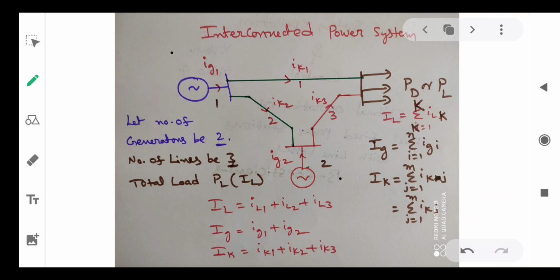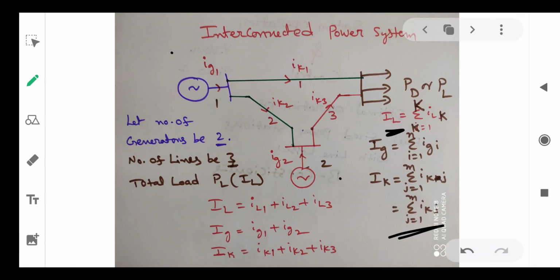So IK is equal to the summation of all the currents, the total current through the transmission lines. IL is the total load current, and Ig1 plus Ig2 are the generator currents. So Ig equals Ig1 plus Ig2, Ik equals Ik1 plus Ik2 plus Ik3, and IL equals IL1 plus IL2, and so on.